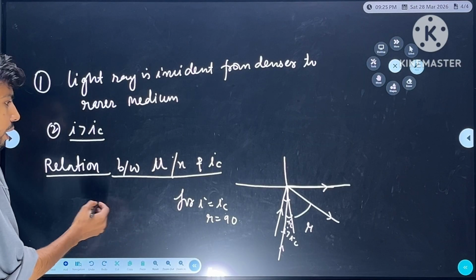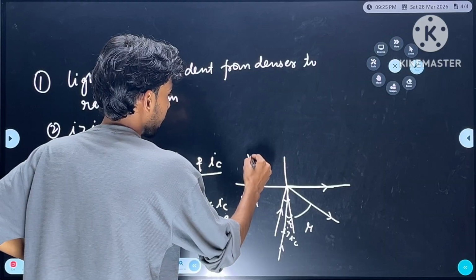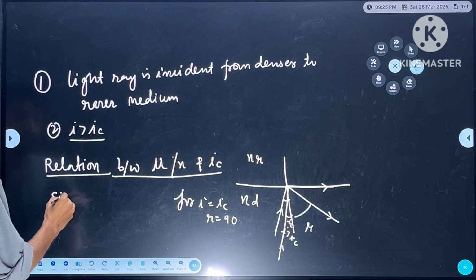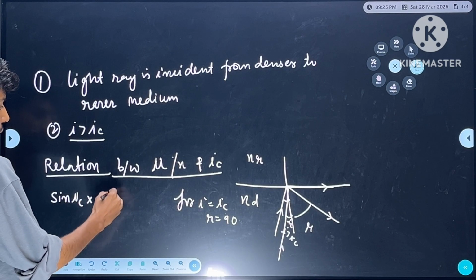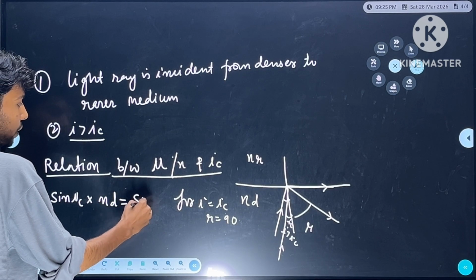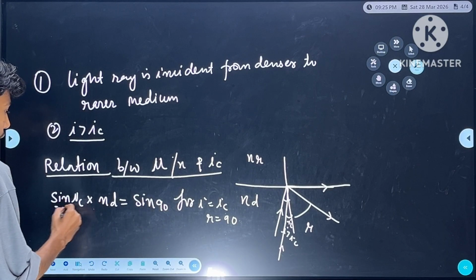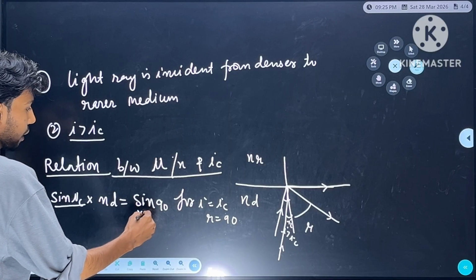So what will I write? I can write that the refractive index of the denser medium is ND, and that of the rarer medium is NR. So I can again write Snell's law: sine IC into the refractive index of this medium ND will be equal to sine 90, since at I equal to IC, R becomes 90 degree, into NR.